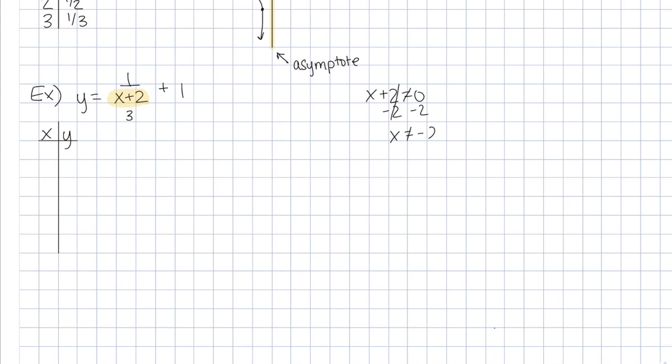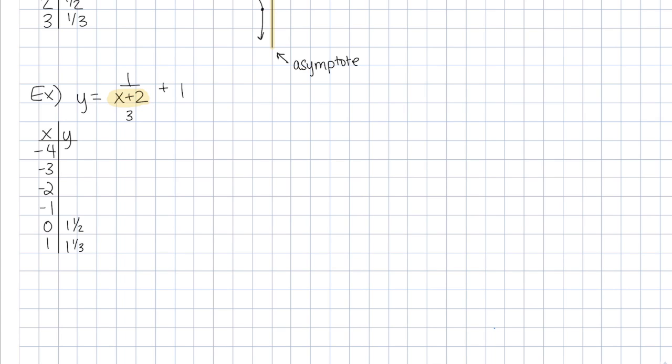My mistake. x cannot be -2. So let's change that. So then we go -3, -4, -1, 0, 1. We already plugged in 0, and so we got 1 1/2. And if we plug in 1, then we get 1 1/3.